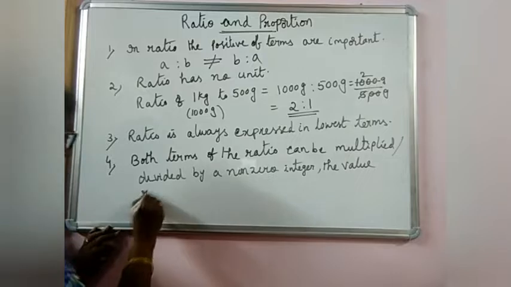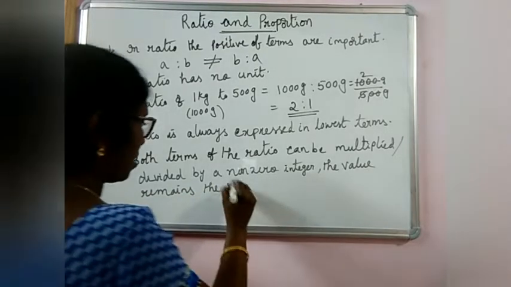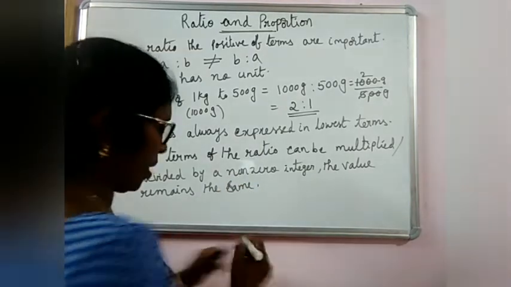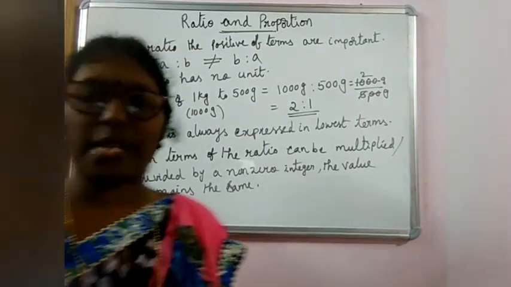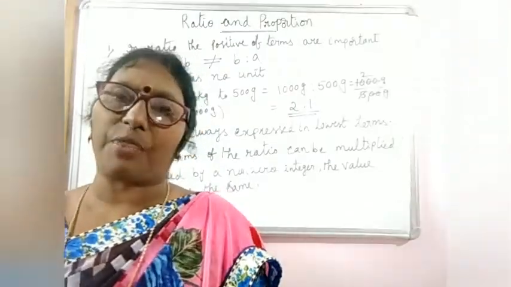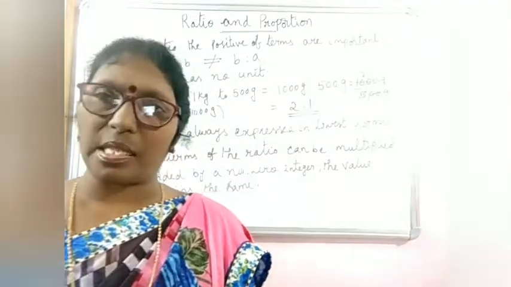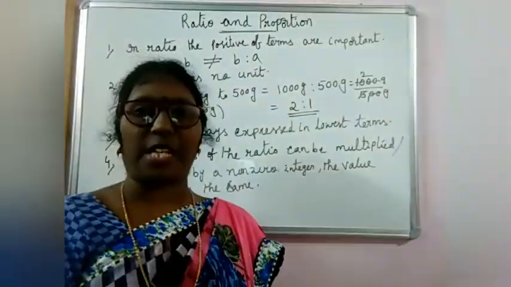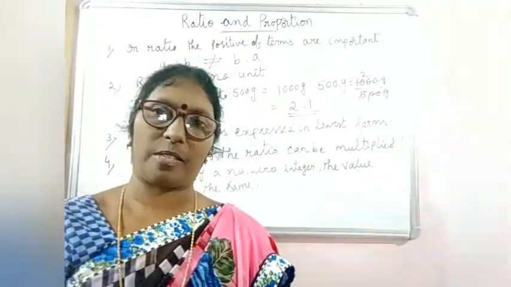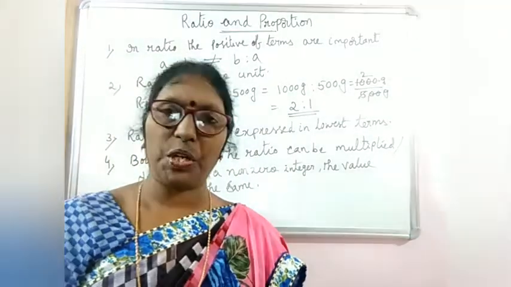The value remains the same, because you know that ratio means fraction. When you multiply both numerator and denominator of a fraction by the same number, the value remains the same. We will get equivalent fractions. In the same way you are going to get equivalent ratios. So these are the facts of ratio.